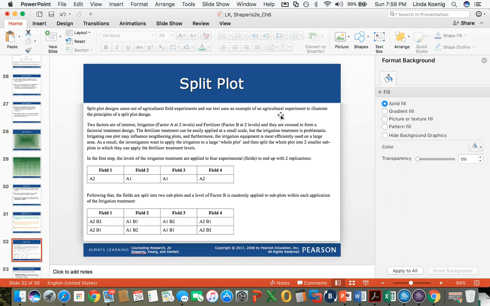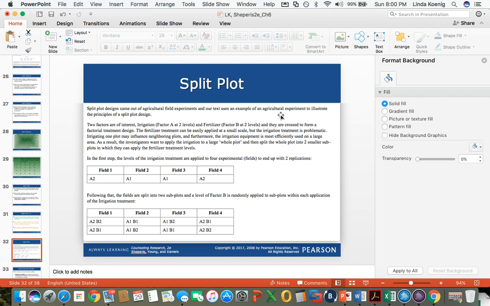Okay, so we've got a big field, right? And here's our big field. You see it. So in the first step down here, the levels of irrigation treatment are applied to 4 experimental fields to end up with 2 replications. And you can see this, field 1, field 2, field 3, field 4.